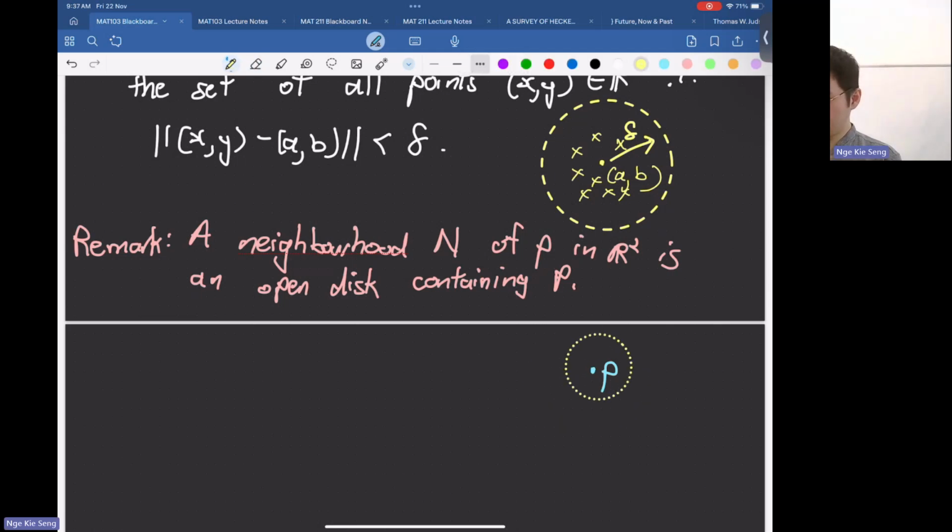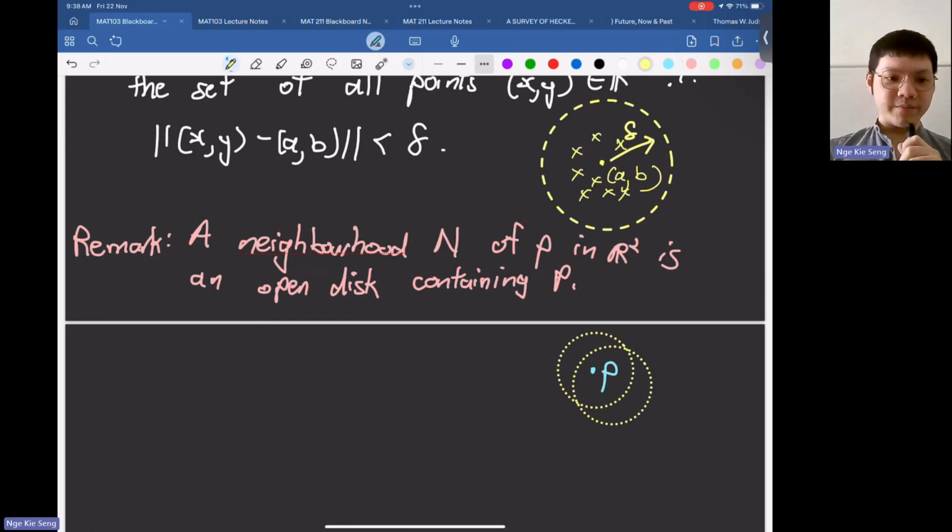You can take a neighborhood that's centered at another place as long as it contains P. That's all. So these are all neighborhoods. You may have neighbors on your left and on your right, right? Is your relationship with the left neighbor the same as with the right neighbor? Not necessarily, but both are your neighbors. As long as this neighborhood contains P, as long as this open set contains P, we'll call it a neighborhood.